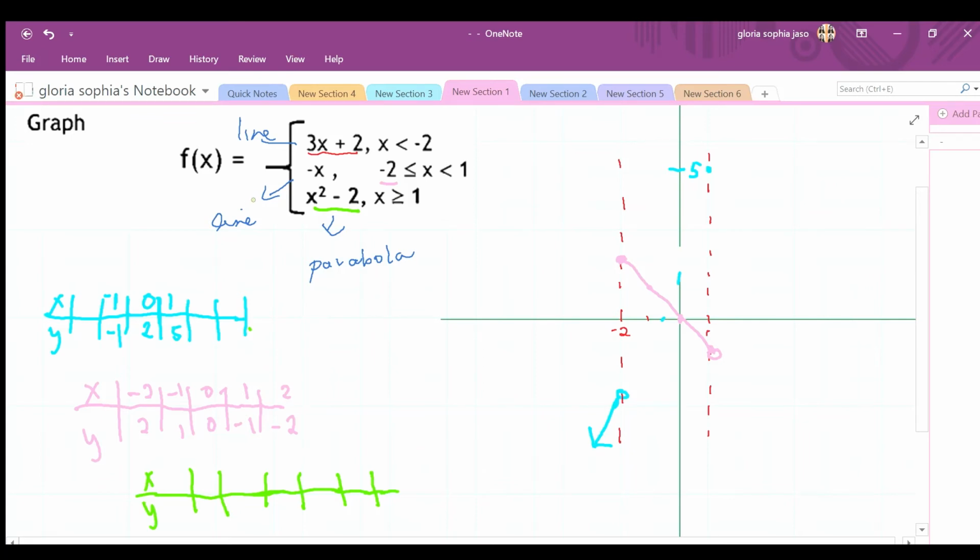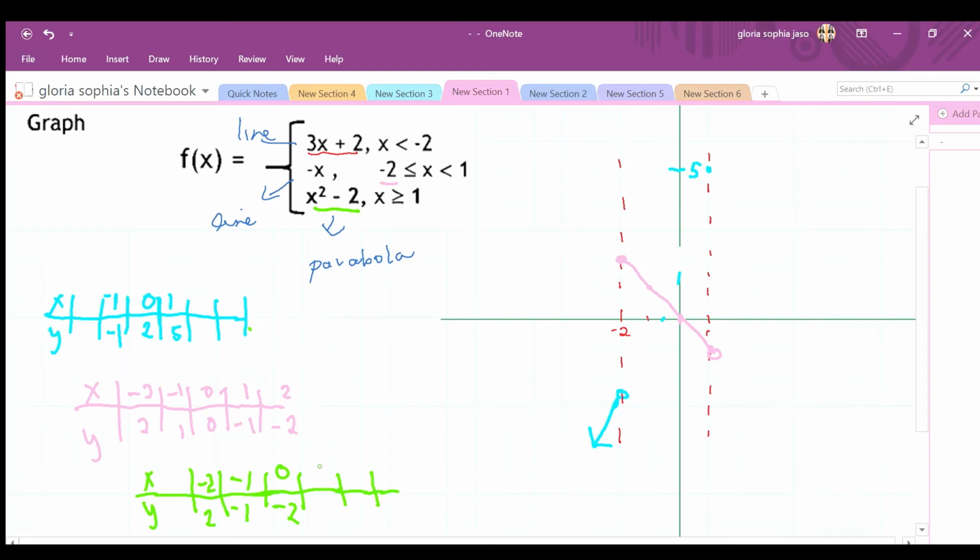Okay? So, kung x is 0, negative 2. Okay? Kung negative 1, negative 1 squared minus 2, so negative 1. Tapos, kung negative 2, 2 squared is 4, so 2.